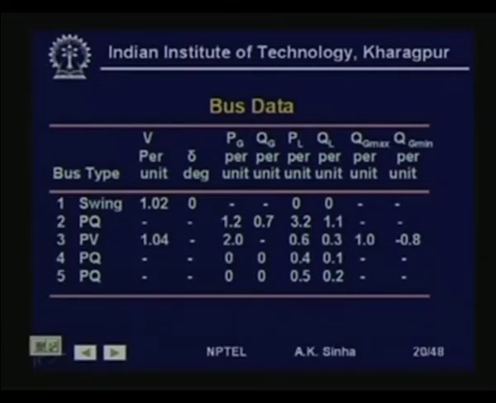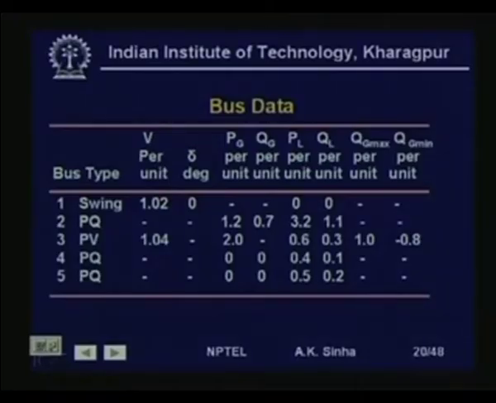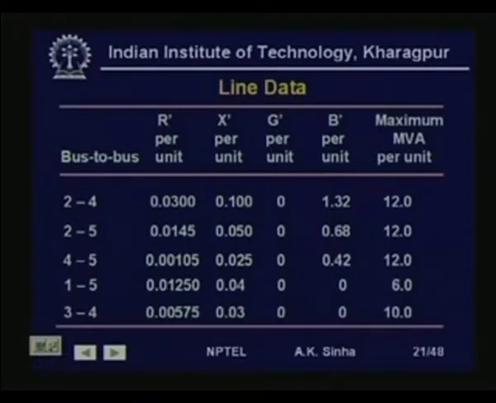If the value we find goes beyond the specified limit, then that bus can no longer maintain the voltage, and therefore we have to convert that PV bus into a PQ bus with the Q value of that bus fixed at the limit of the bus bar or the rating specified.